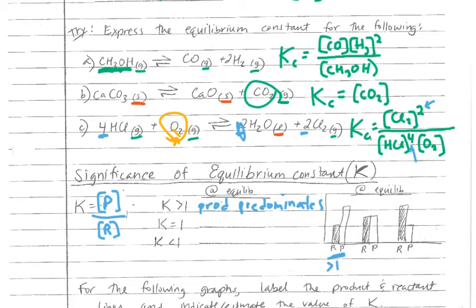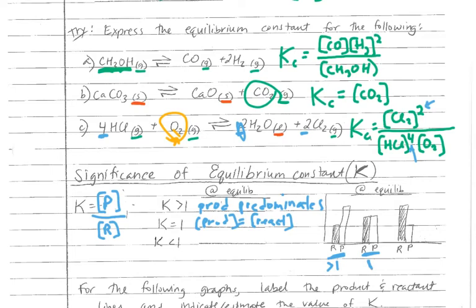If the amount of product and reactant is the same at equilibrium, which is very rare, that's not very common, then K will equal 1. So if K equals 1, it means the concentration of product equals the concentration of reactant at equilibrium. So it looks something like this. That would be a K equal to 1.